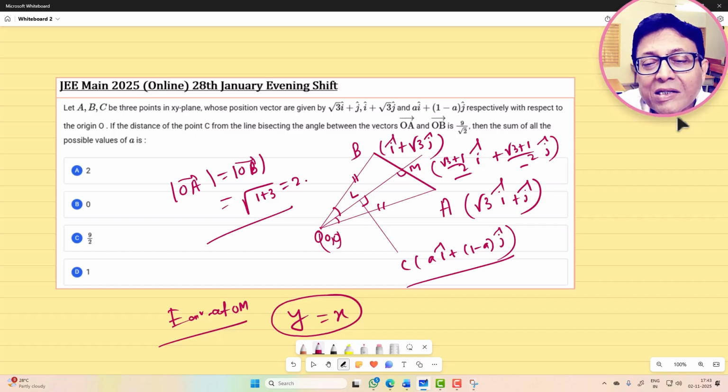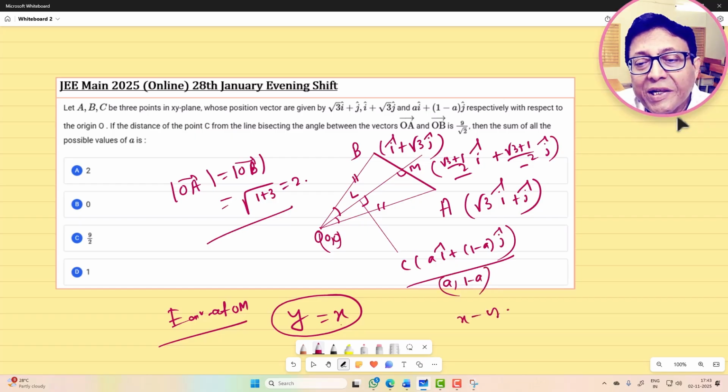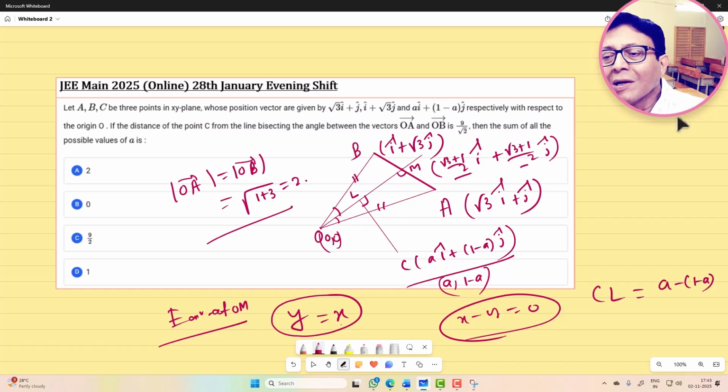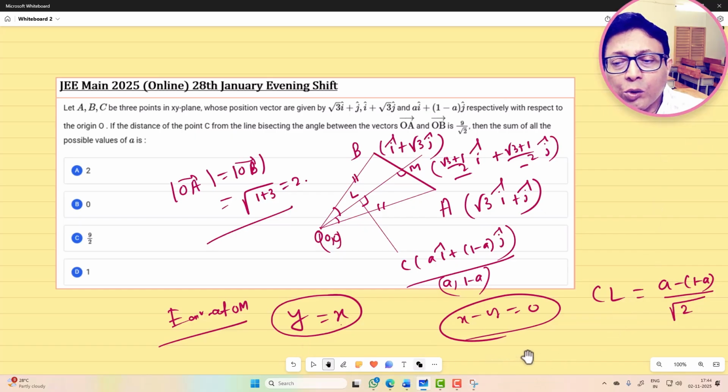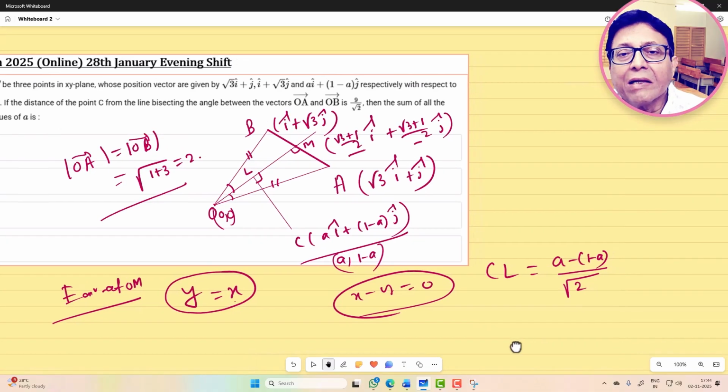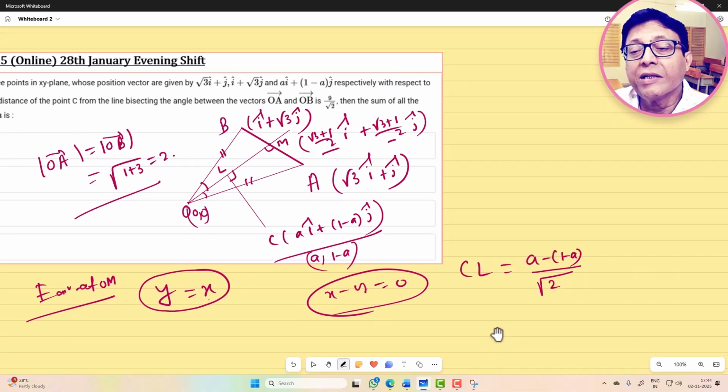And this point, we are just taking in Cartesian form. So distance from x minus y equal to 0, from this point C to L, is going to be (a minus (1 minus a))/under root 2, and this is given as 9 by root 2. Sum of all the possible values of a. So one possibility definitely is there, that CL they have given 9 by root 2.